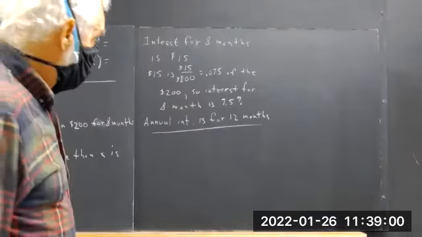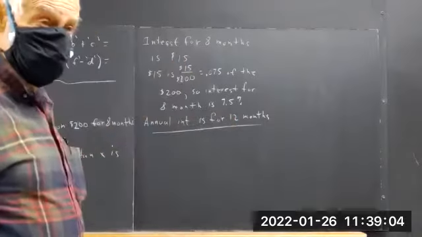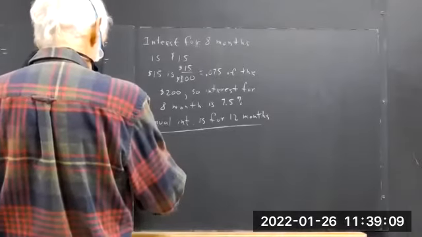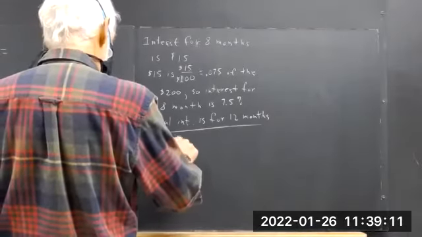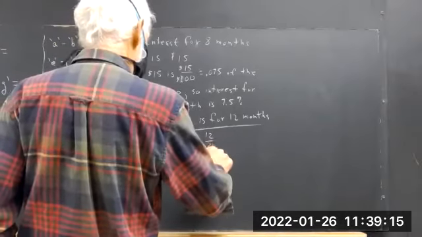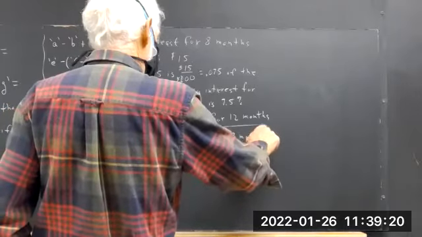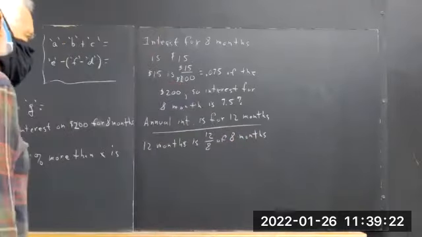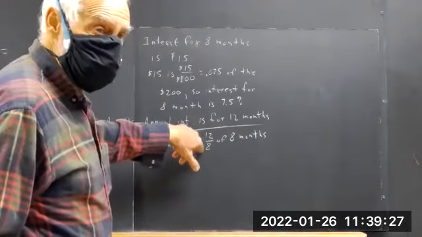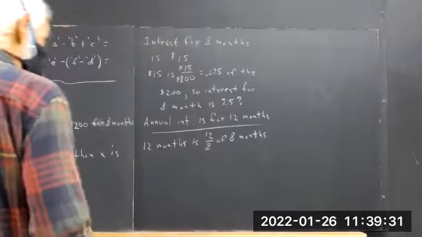Okay, 12 months is 12/8 of 8 months, right? Okay. Now, 12/8 is 3 halves. Divide the numerator and the denominator both by 4, right? Okay.